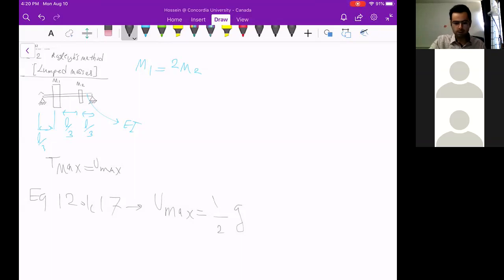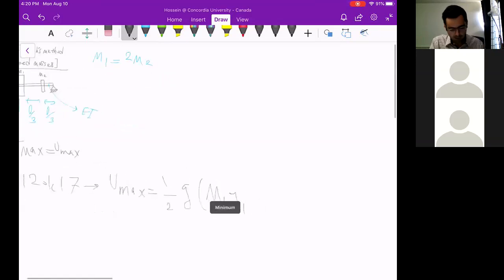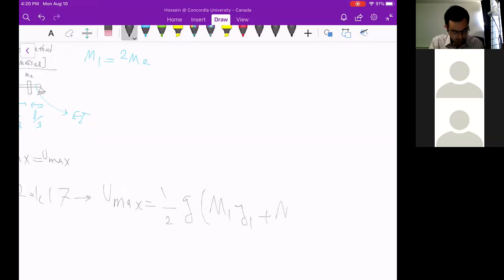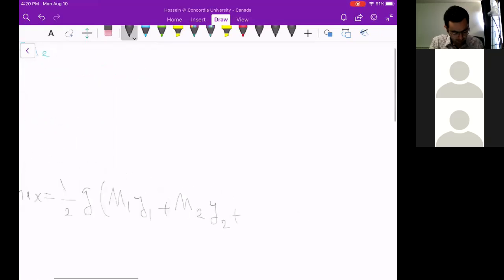For example, the potential energy of the whole system is going to be the first mass with its corresponding deflection Y1, plus M2 Y2, plus M3 Y3.